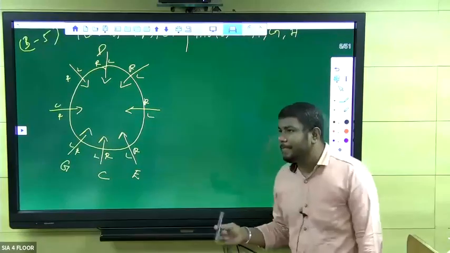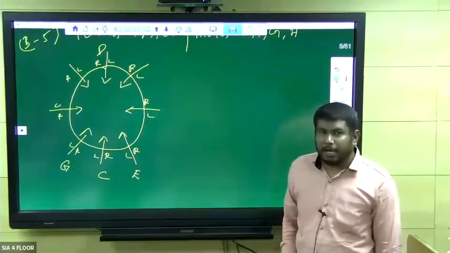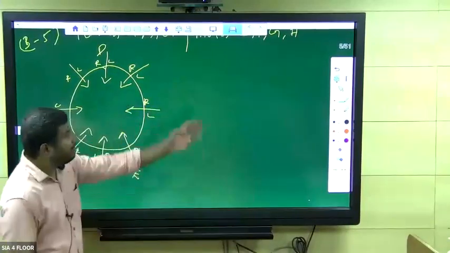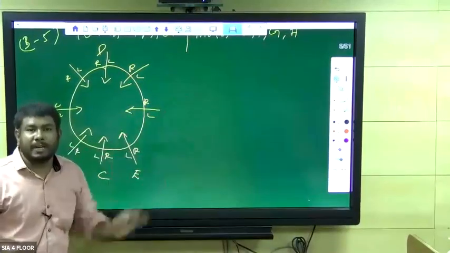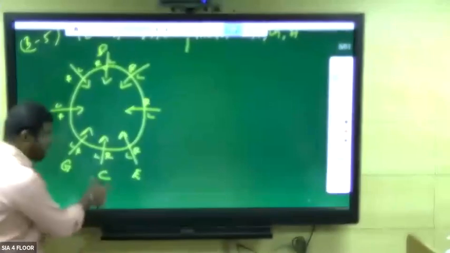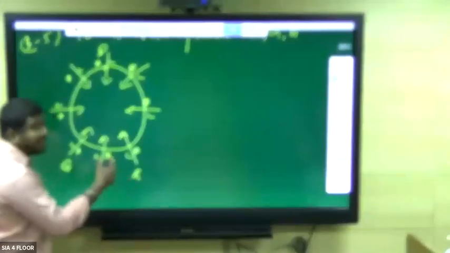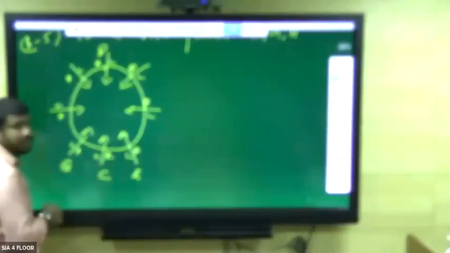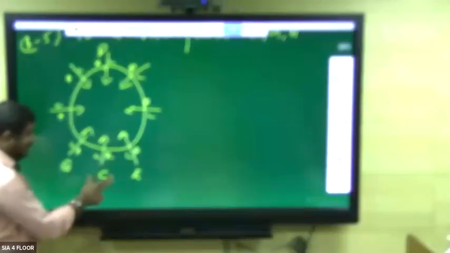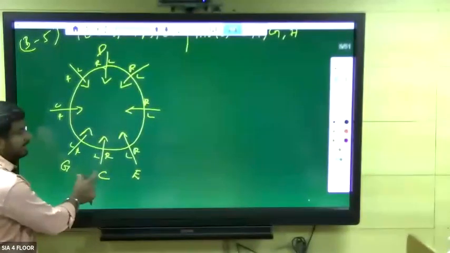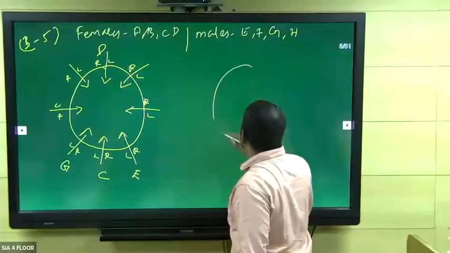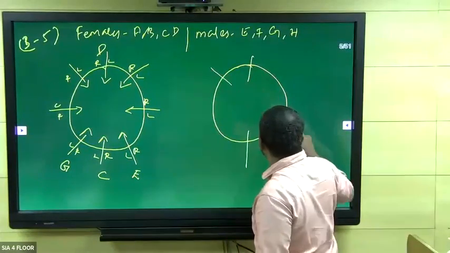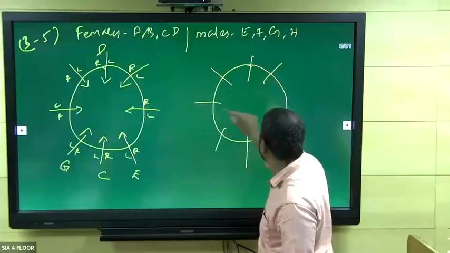Now listen here. This is correct only, but we have another possibility also. They have given that C is sitting between G and E, but they did not say who is sitting to the left of C or who is sitting to the right of C. So we need to draw another possibility. 1, 2, 3, 4, 5, 6, 7, 8.